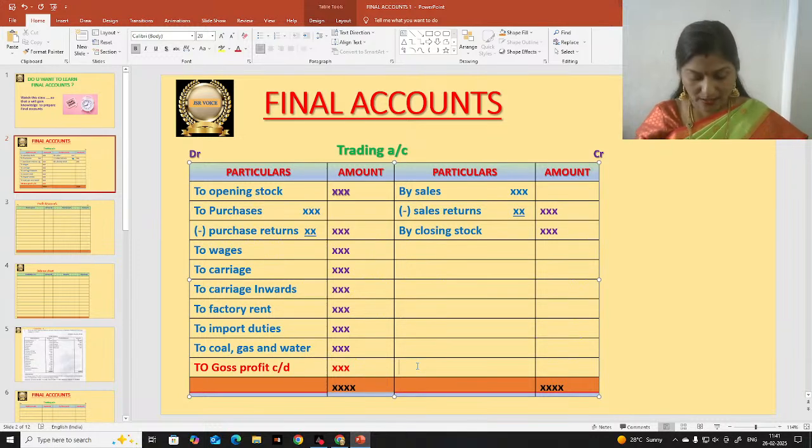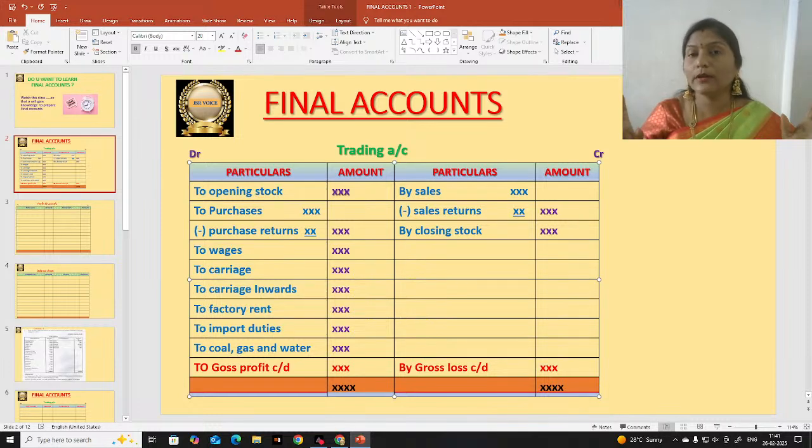But whenever we get balance less on credit side, we should name it as gross loss. Remember that it is gross loss. Whenever we record any item on the credit side, we should start with the word by. So by gross loss carried down. So this is the answer on the credit side.